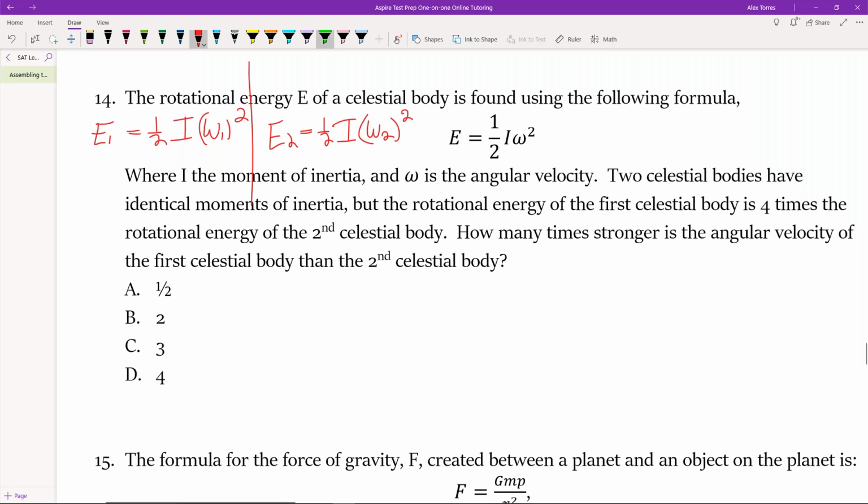So the unifying statement is saying the rotational energy of the first is 4 times the rotational energy of the second. So E1 is 4 times E2, and we can fill everything in.